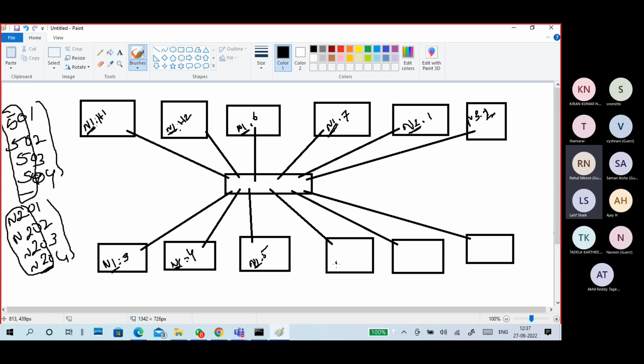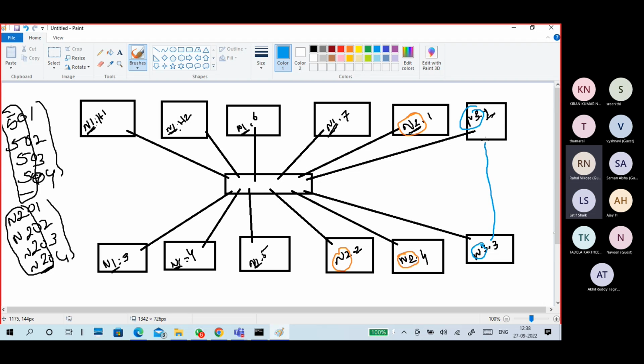We'll put N2, N3, something just like that. So for this N2, we'll put some colors on it. See, N2, N2, N2. So these three are the same network. Okay, this is N3, this is N3, same network.